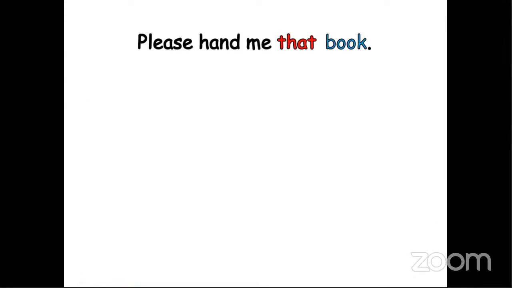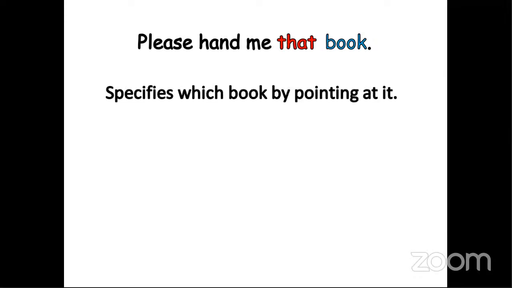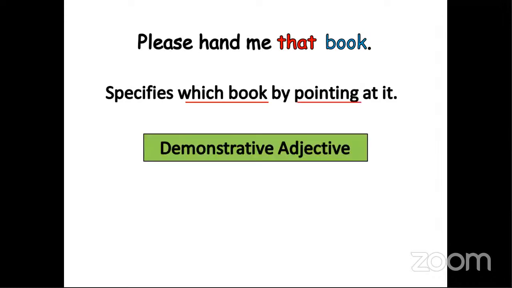Let us look at the sentence. Please hand me that book. When Subhash says, "Please hand me that book," he specifies which book by pointing at it. We have learned that that is a demonstrative adjective. It is pointing at a particular book. So this demonstrative adjective, that, determines which particular book.